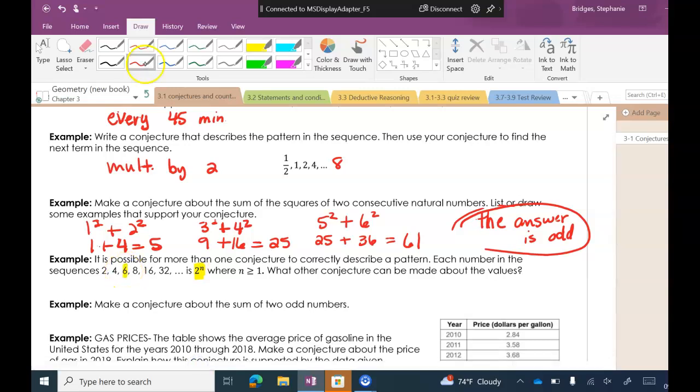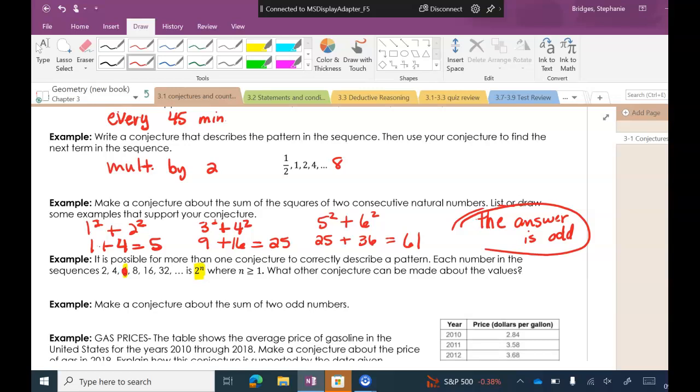I think that this paper is a typo, and I don't think that 6 is supposed to be there. Does that make more sense, though? I don't think that 6 is supposed to be there. So it would be multiplying by 2, yeah. Do you hear me? What did I just say? The 6 should not be there, which means it would be multiplied by 2.